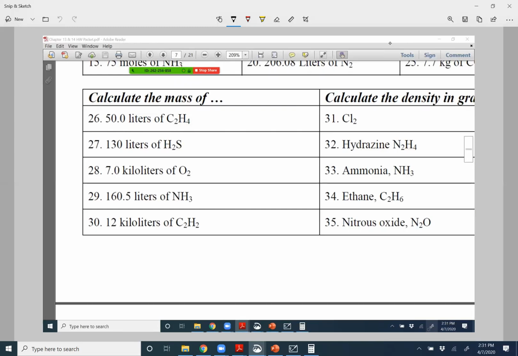Well, in this case, we're starting off with liters. So we're going to have X amount of liters, and we're going to get rid of liters to get into moles. Then we're going to get out of moles and get into grams, because it wants to know how much it weighs.